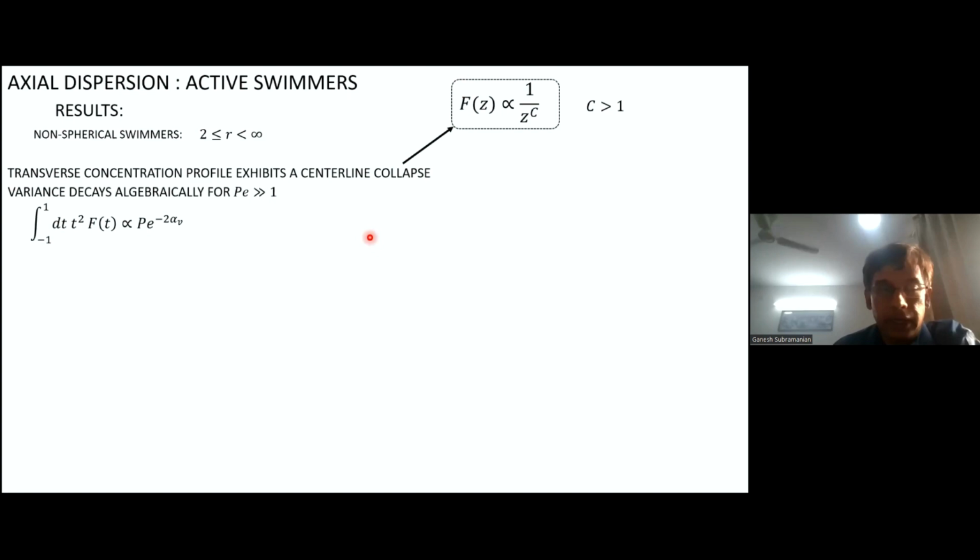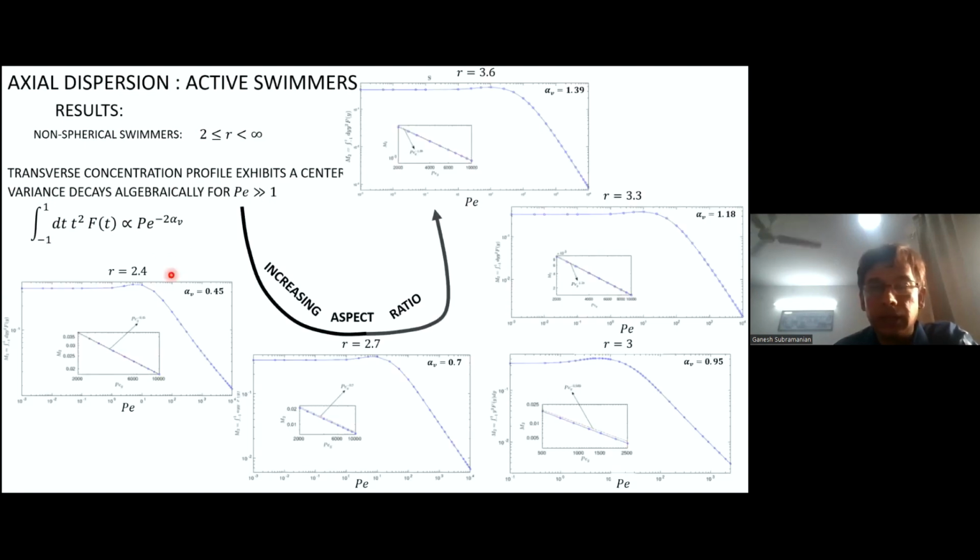I can characterize its large Peclet form by this algebraically decaying form and see if it works. I have 5 aspect ratios here, increasing from 2.4 to 3.6. In each case, I'm plotting the concentration profile variance versus Peclet, and you can see that there is no plateauing behavior. They all decrease.